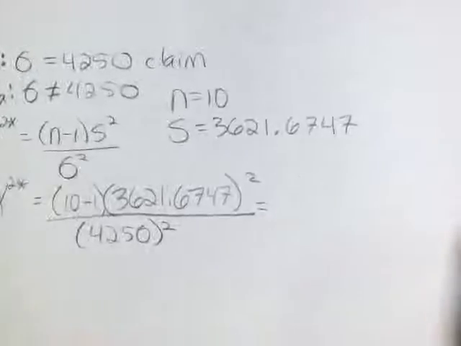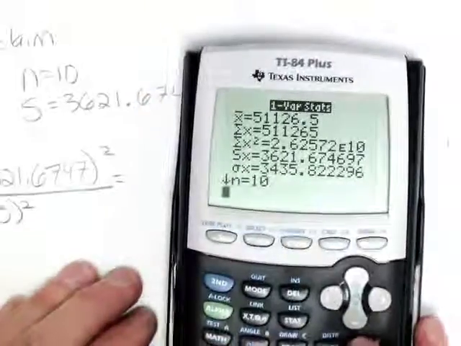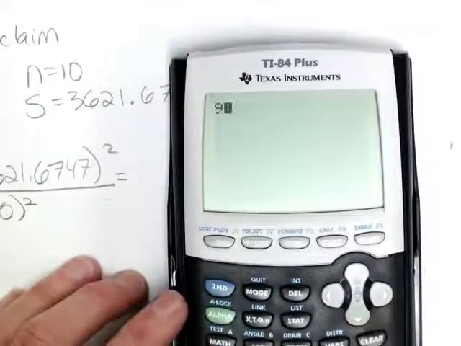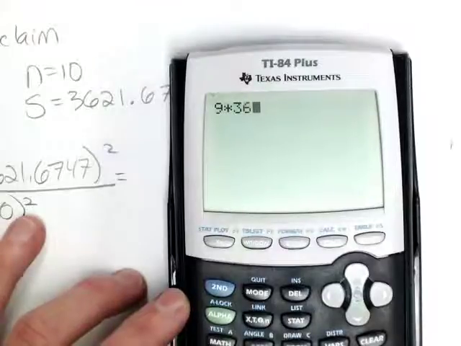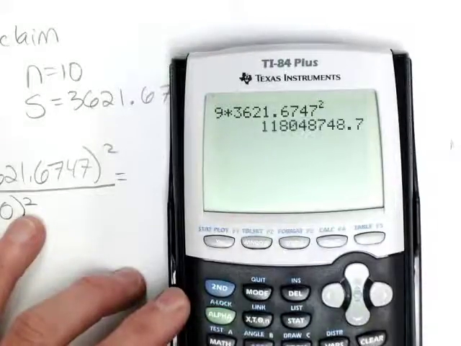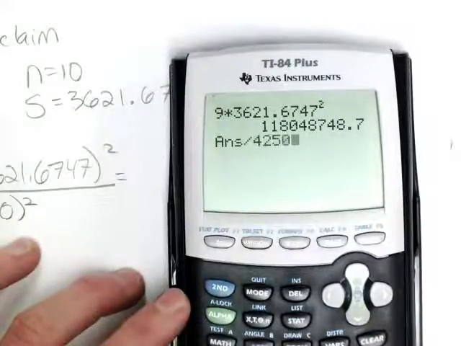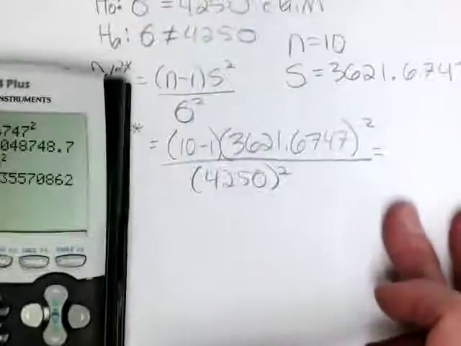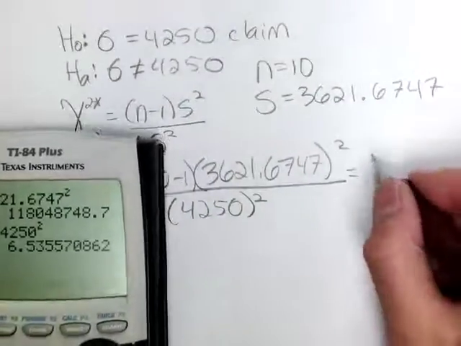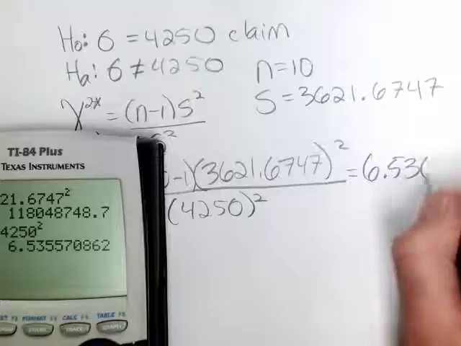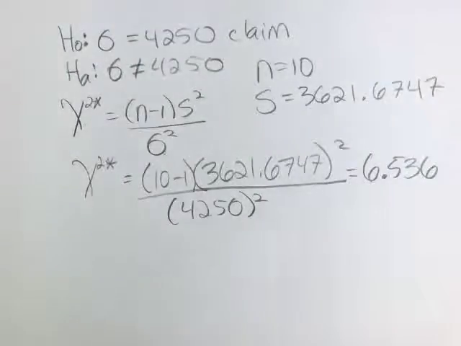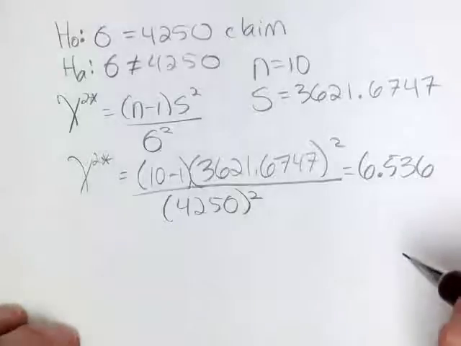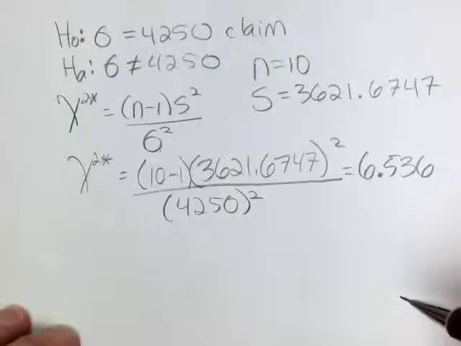Okay, so inputting into the calculator, I have 9 times 3621.6747 squared, and I want to divide that by 4,250 squared. Okay, so my test statistic is approximately 6.536.